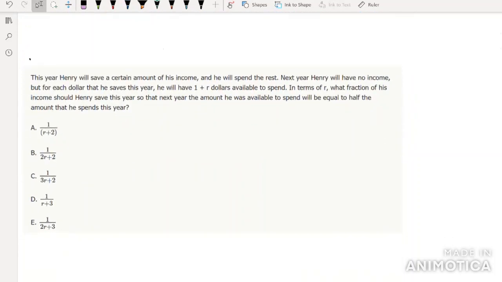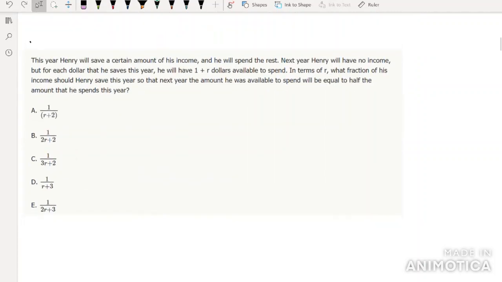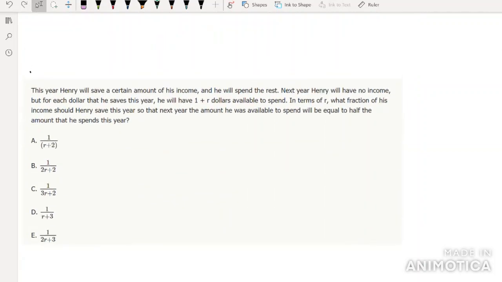This year, Henry will save a certain amount of his income and he will spend the rest. So if he saves, looking at the letters here, R, then he will spend 1 minus R. In fact, let's not call this R, that's going to get confusing.